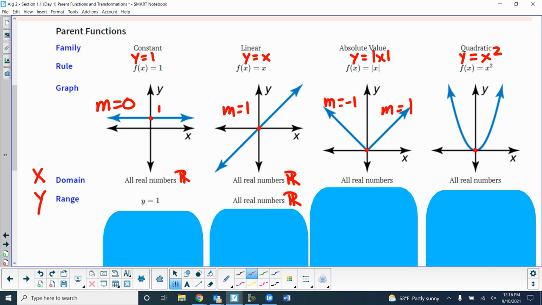What do you think about the absolute value one? Can all the y values work, or are there some y values that aren't working? Look at the picture. Right here, the y value was always just 1, right?